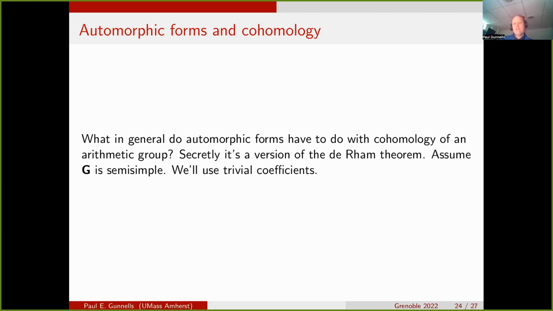Well, it's actually a version of the de Rham theorem in disguise. It's almost the same idea that we talked about for the holomorphic modular forms, but definitely ramped up quite a bit. To explain the general idea, which I think is important to know, let's look at the semisimple case with trivial coefficients. It's not that much more complicated to deal with coefficient systems, but it's more familiar to work with trivial coefficients.